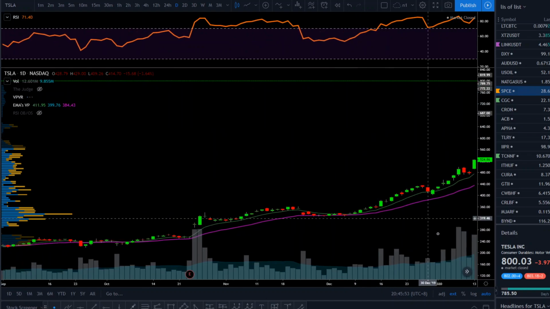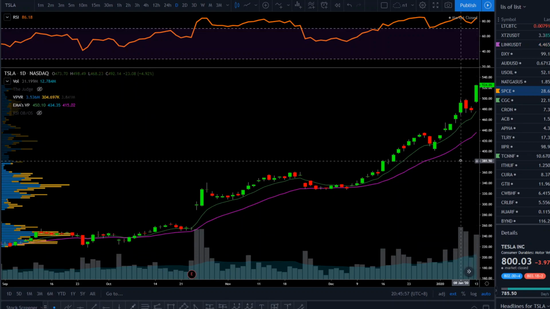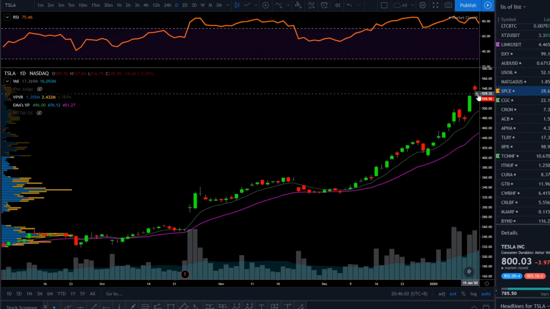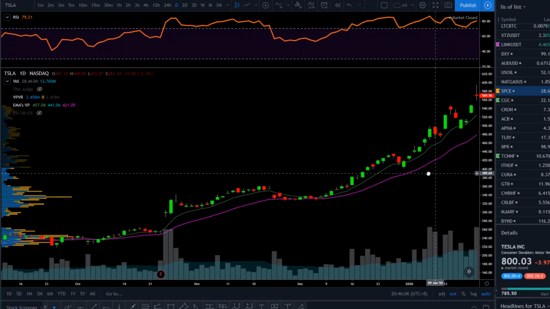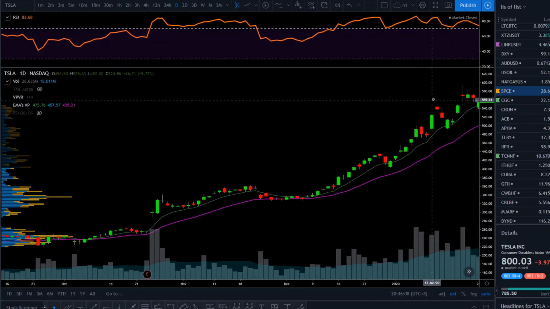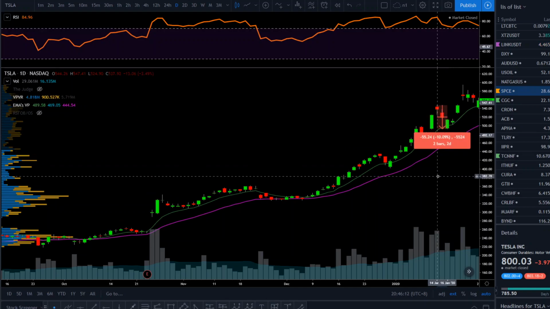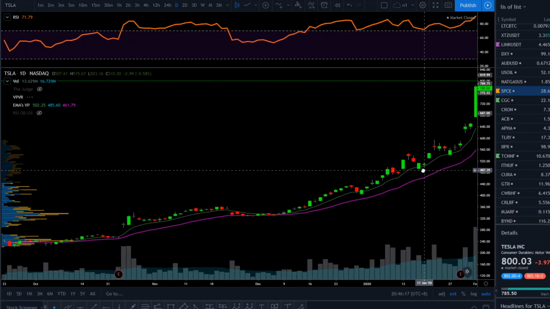Have a look at this candle, boom. What happens on the next day? It opens up higher and then sells off. So expect a gap up and then it consolidates quite a bit. So Tesla consolidated here 10%, and then you got this one here, same thing.